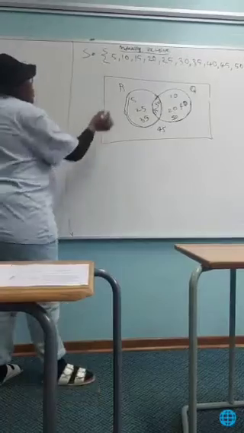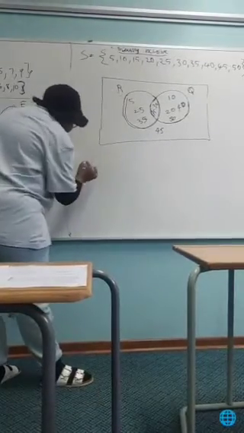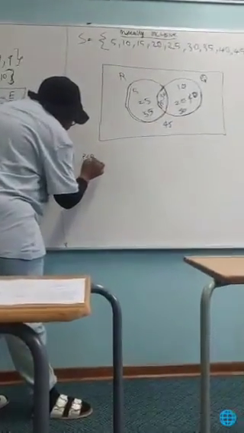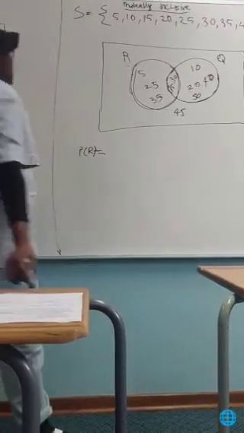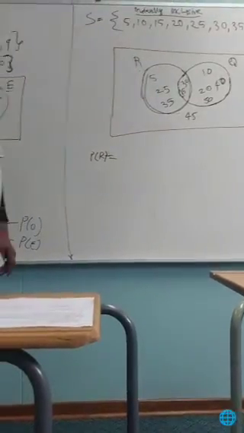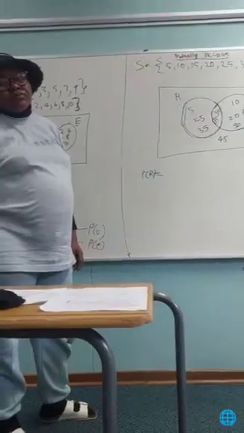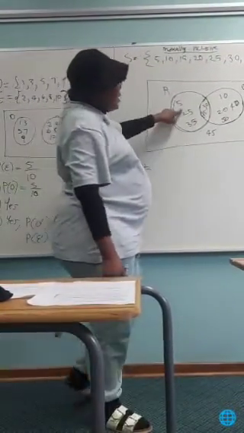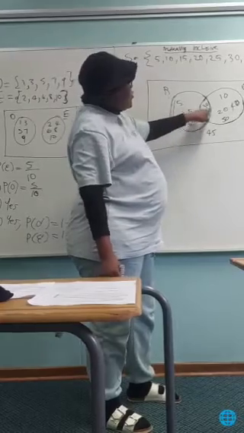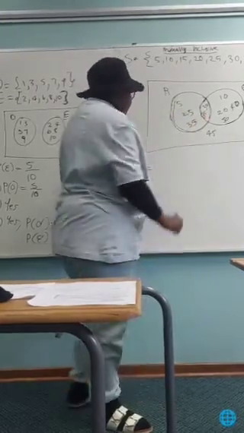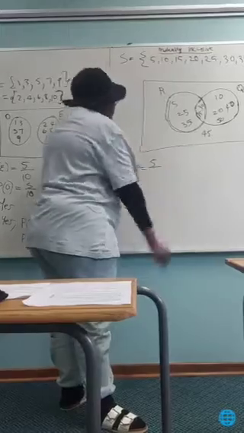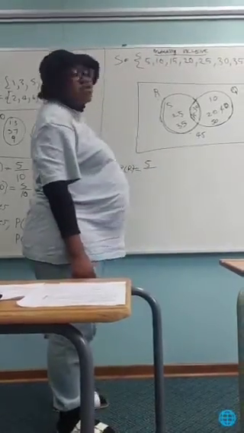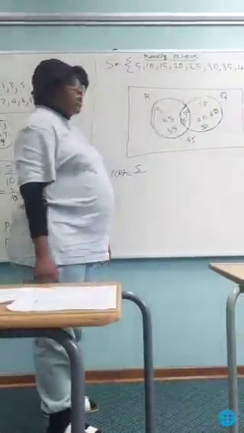So the probability of event R is equal to what? 1, 2, 3, 4, 5 elements. Our sample space consists of how many? 10 elements.